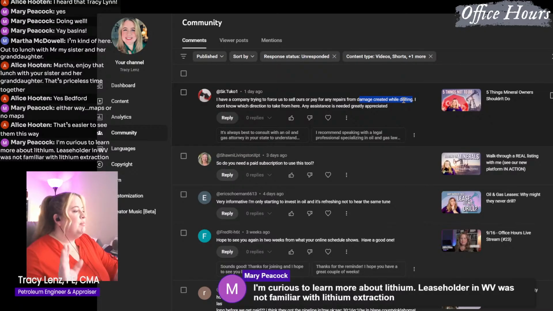They have to get to the surface in order to drill the well and get to the minerals. If damages happen, they don't even really have to pay you for the damages if you're just a surface owner. It's just traditional to pay for those damages in order to keep relations good. But technically, whoever owns the minerals has rights to access those minerals, regardless of what's going on at the surface. Now they have rules they have to follow.